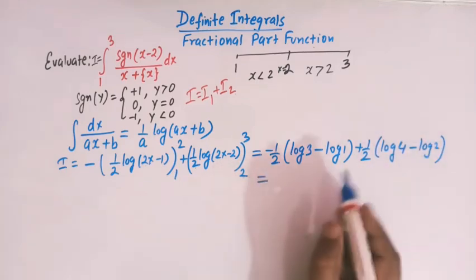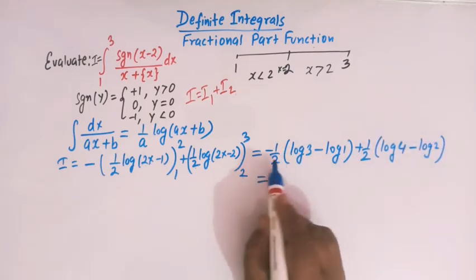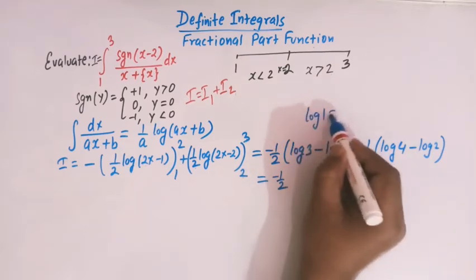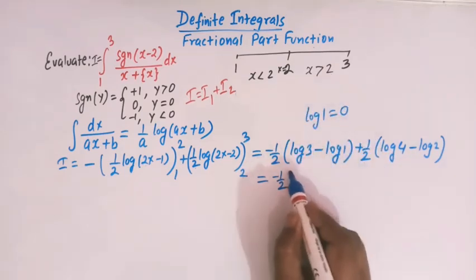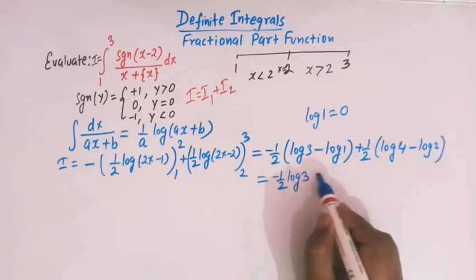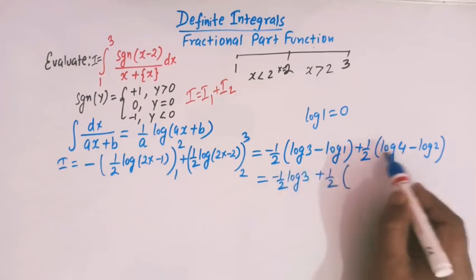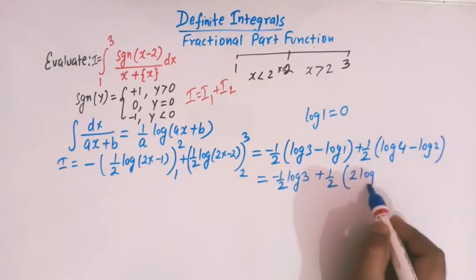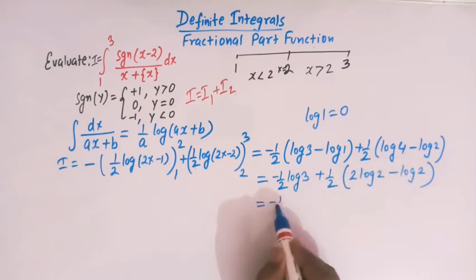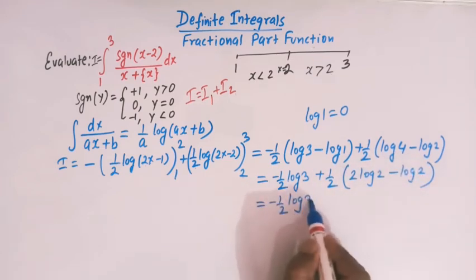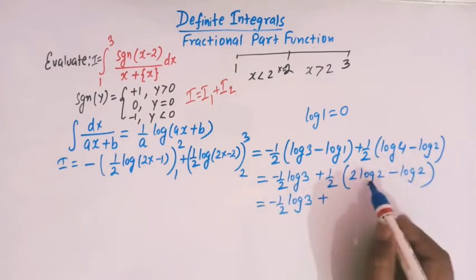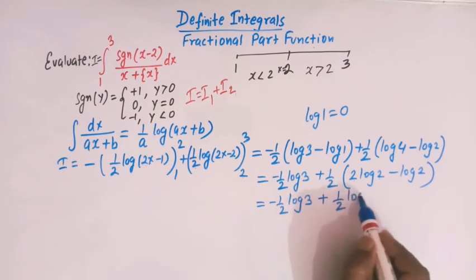So now we can write minus half, and log of 1 is equal to 0, so we have simply minus 1 over 2 log of 3, and here we have half, and log of 4 can be written as 2 log 2, minus log 2, and this is minus half log 3, and here 2 log 2 minus log 2 is log 2, so we have half of log 2, right?